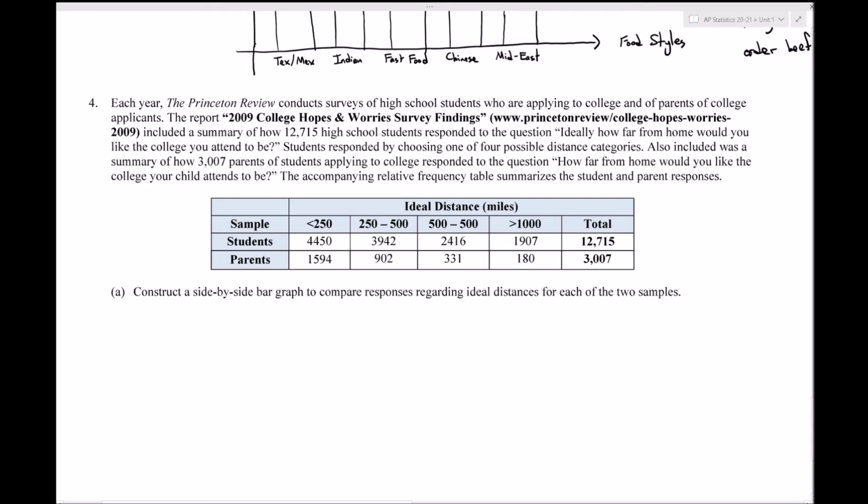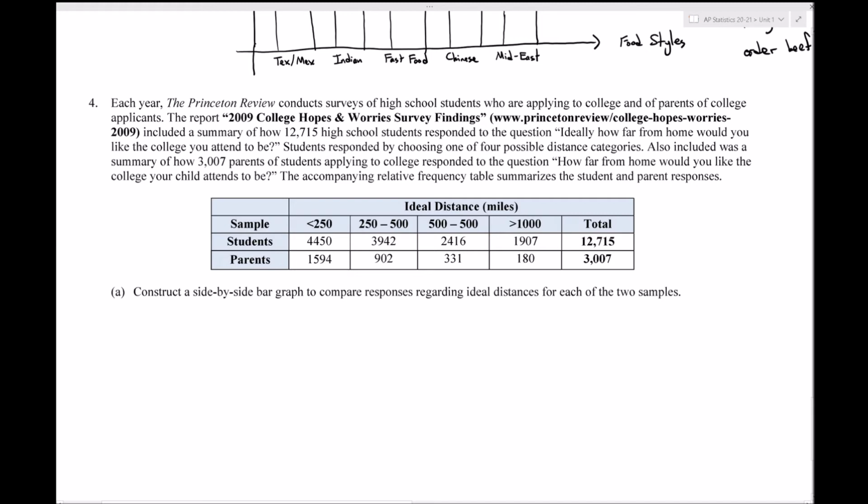Students responded by choosing one of 4 distance categories. Also included was a summary of how 3,007 parents of students applying to college responded to a similar question. How far from home would you like the college your child attends to be? And then we're going to compare those 2 distributions.